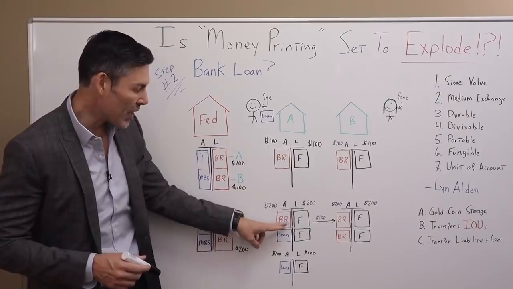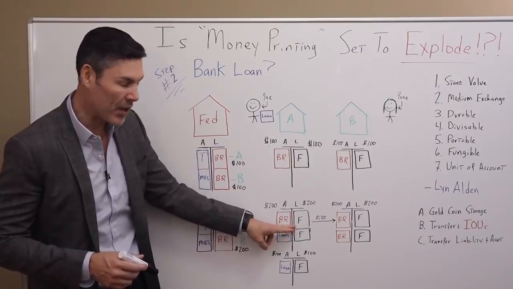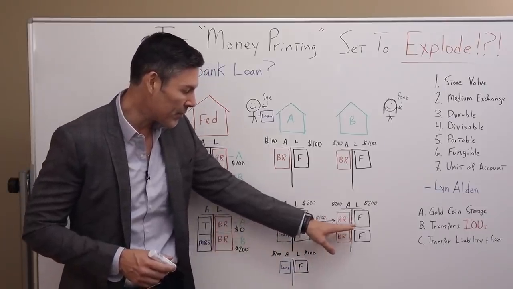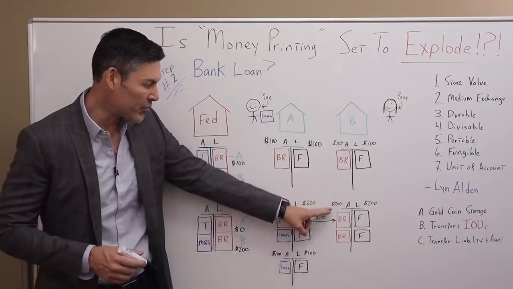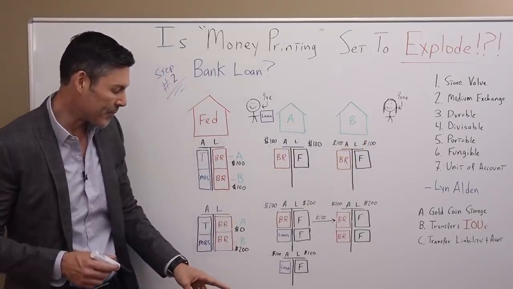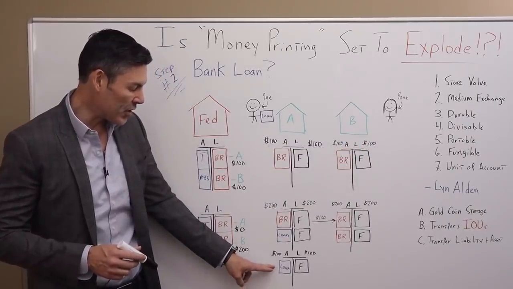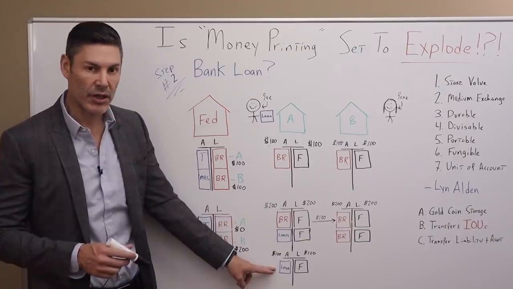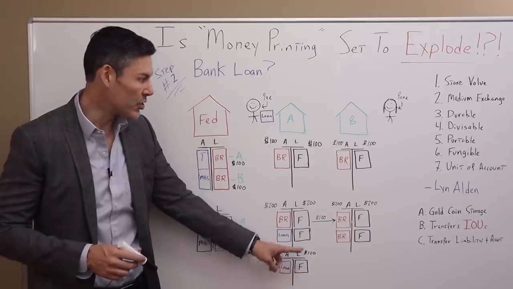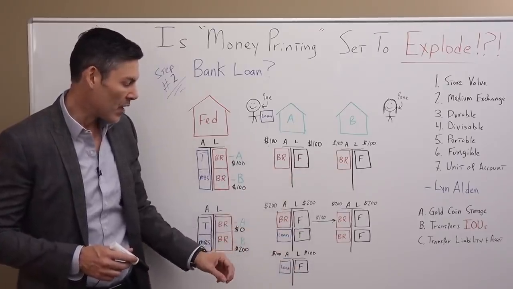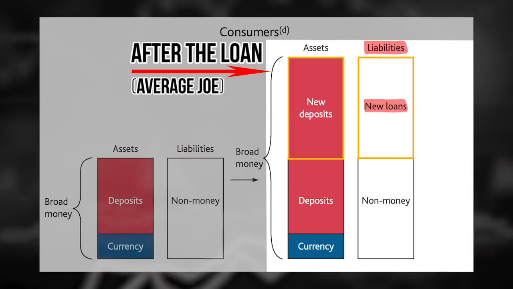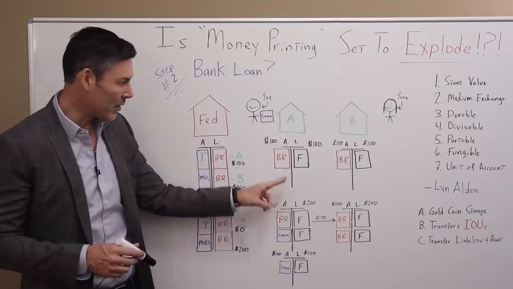So the bank reserves and the Fugazis, $100 to pay for the car, goes from Bank A over to Bank B. So Bank B's balance sheet now has 200 in bank reserves, 200 in IOUs to Jane. And now Bank A's balance sheet only has the $100 in loans and the $100 in IOUs, the original IOUs to Joe. Additionally, Joe has that loan as a liability on his balance sheet, an asset of the bank, liability of Joe.